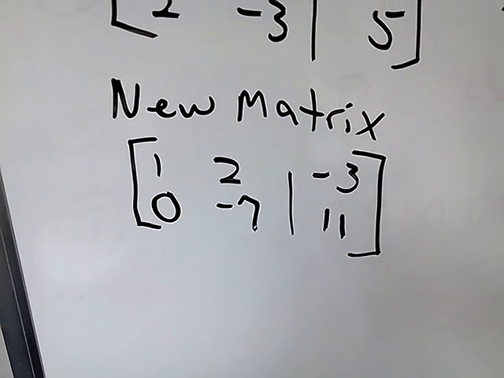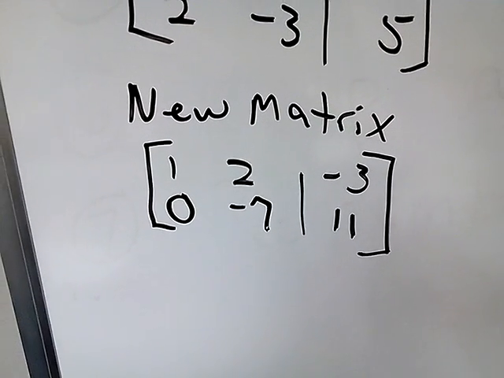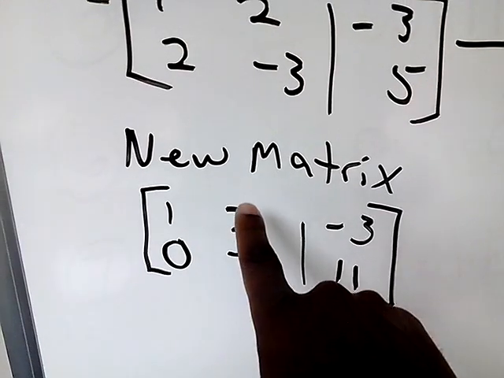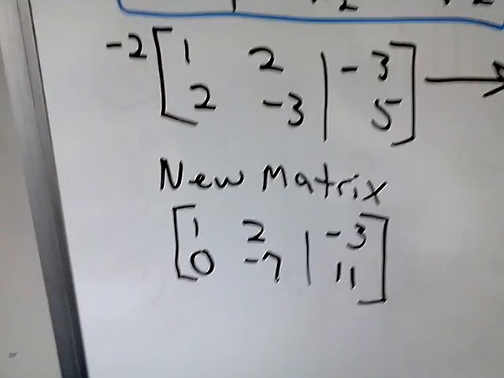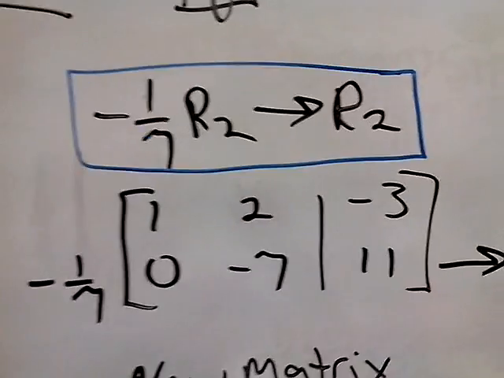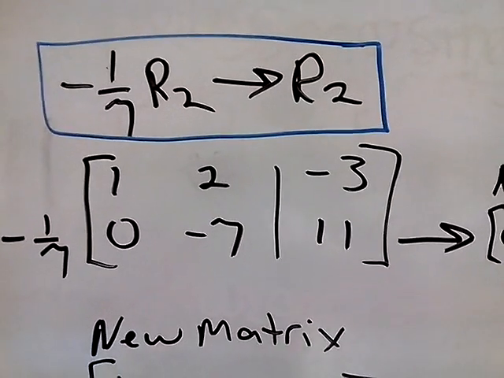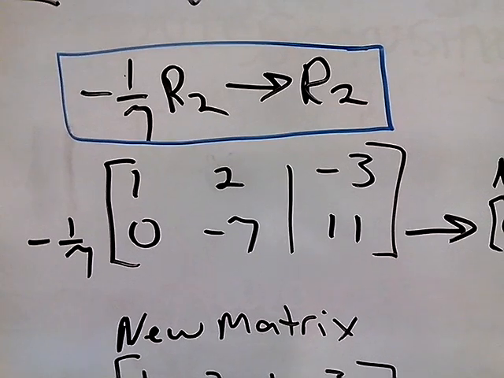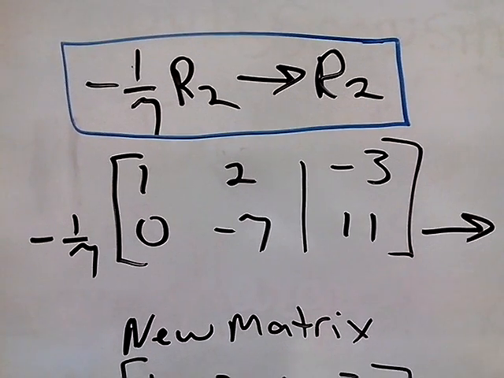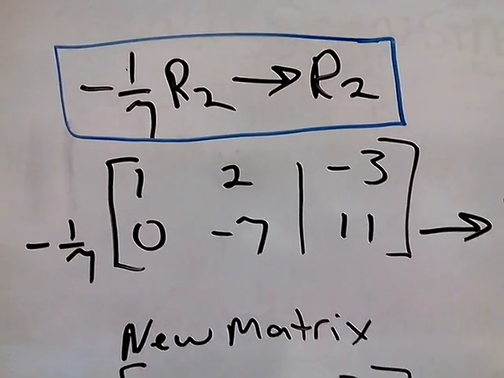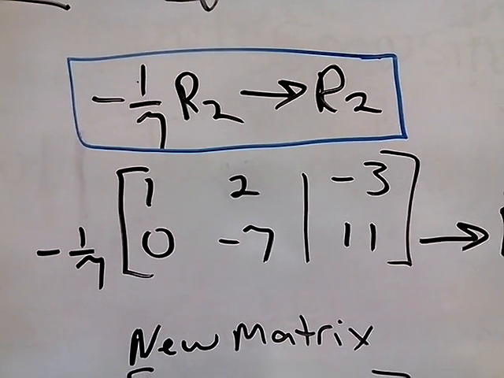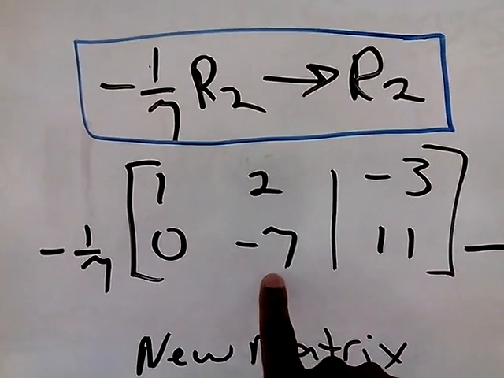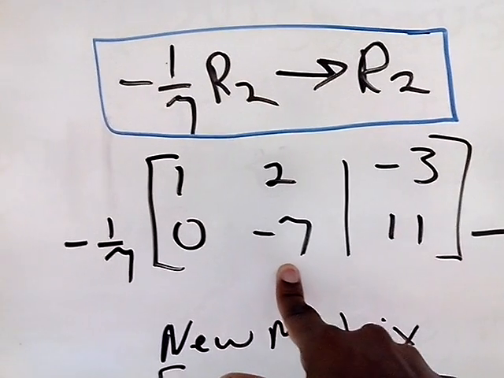So we have a 1 and a 0 in the place that we want. We want to get a 0 there and a 1 here at this point. So the next thing that we can do is multiply row 2 by negative 1/7, and then replace row 2 with those results so that we can get a 1 right here.